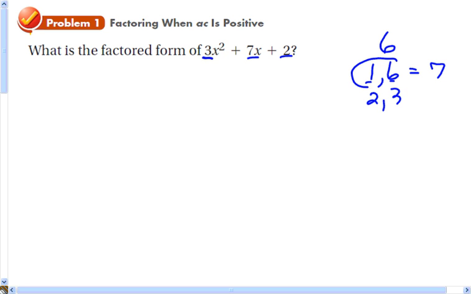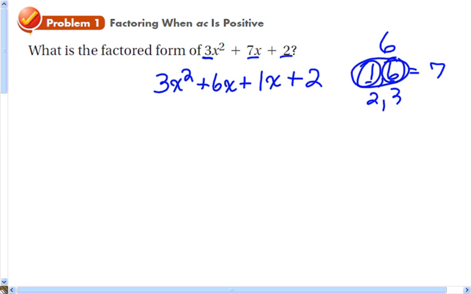So that's the pair we want. And what we're going to do is rewrite this as the 4 terms that we get when we multiply out the two binomials using the 1 and the 6. So we're going to rewrite 7x as 6x plus 1x.